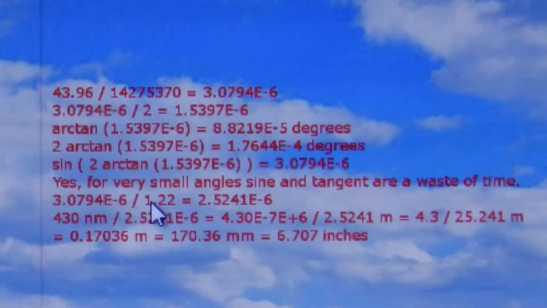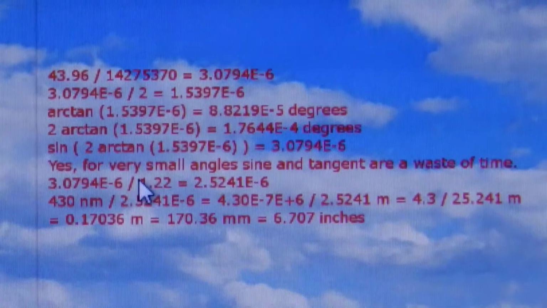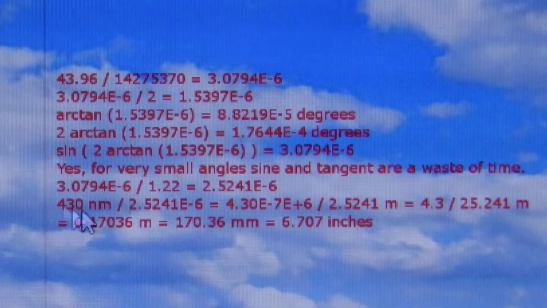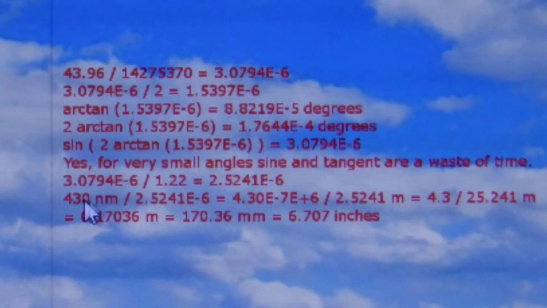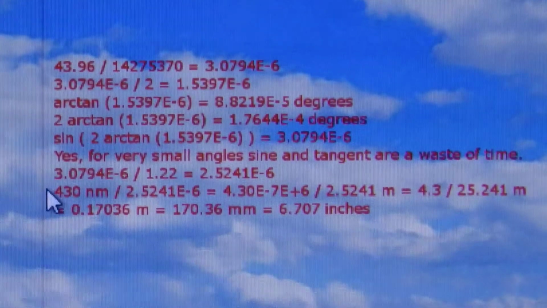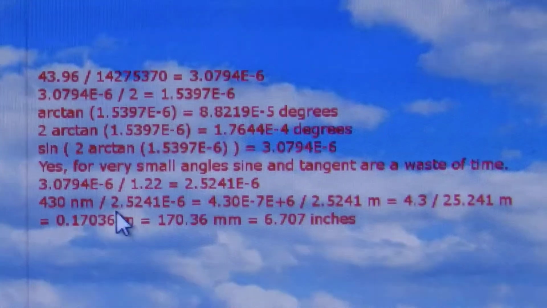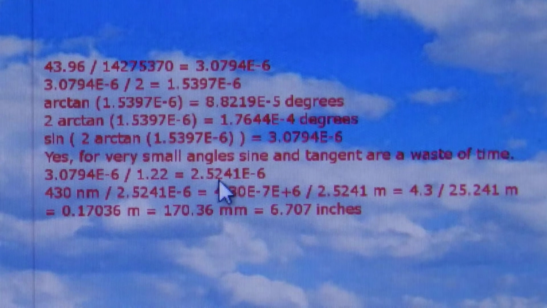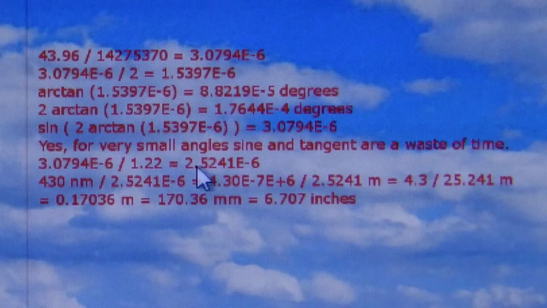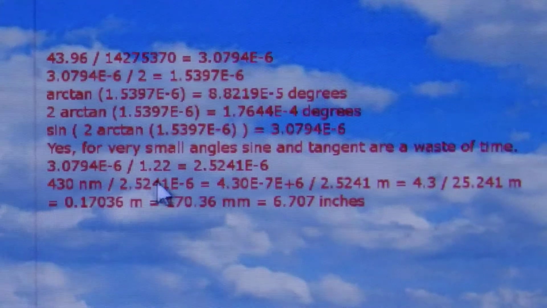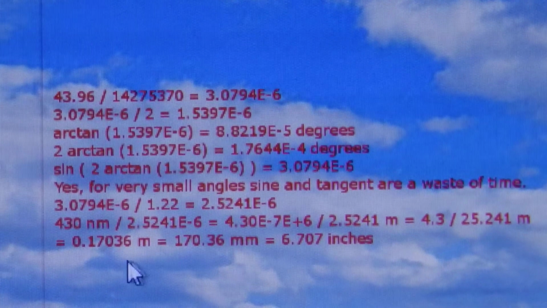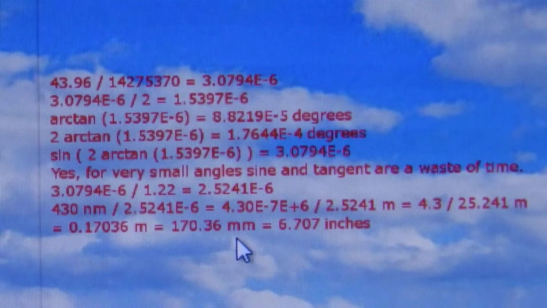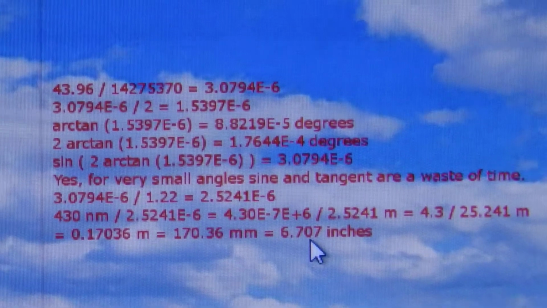Because the Rayleigh criterion uses 1.22 times the angle, we divide by 1.22, and then we divide by our wavelength. This is the sensitivity peak of the blue sensitive cones in your eyes. By that number, that fraction of the sine of the angular size of the thing, to get this, 0.17 meters, also known as 6.7 inches.